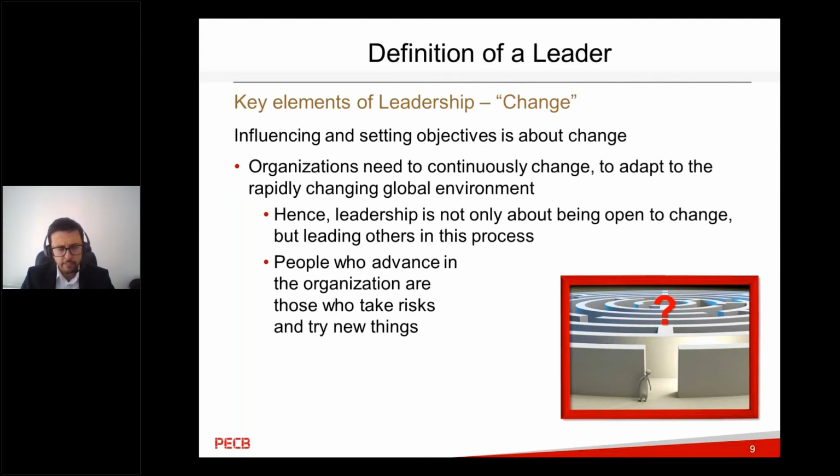So, for example, probably the best example that we can take of an organization that has always strived to focus on leadership traits and how this leadership can project and implement change in itself is probably General Electric.